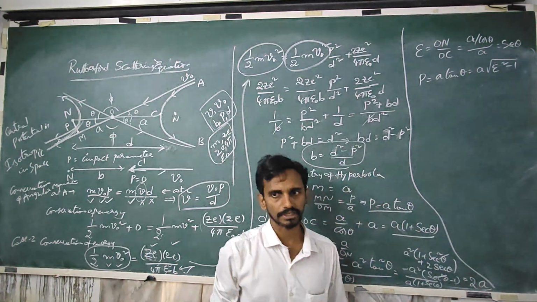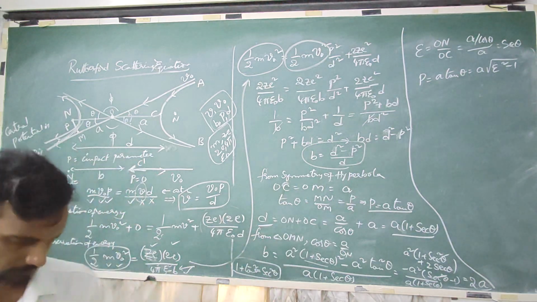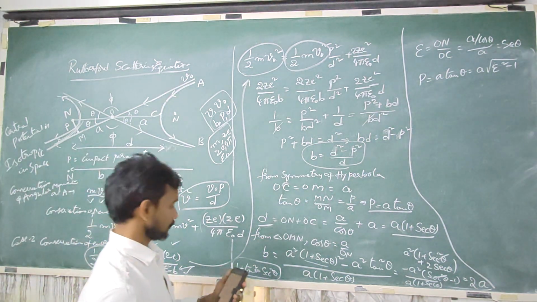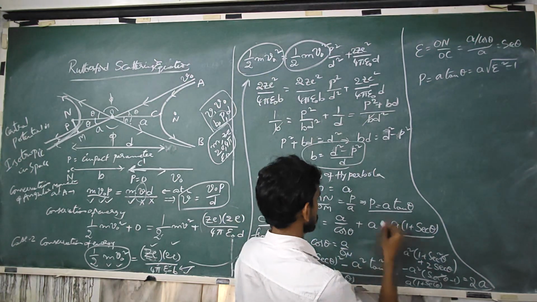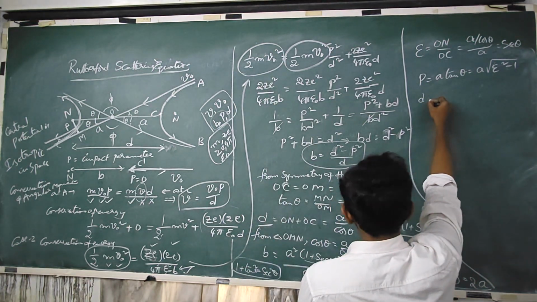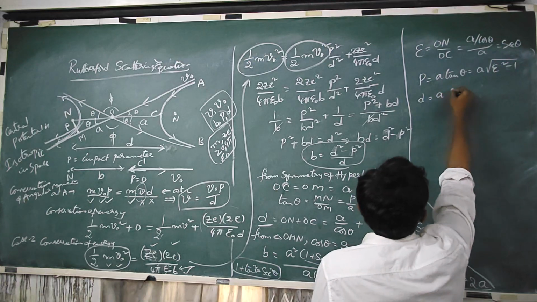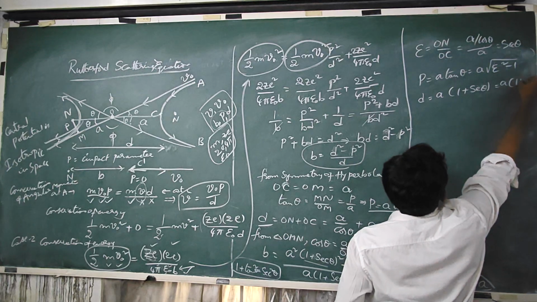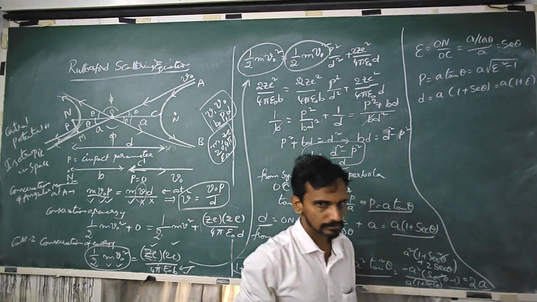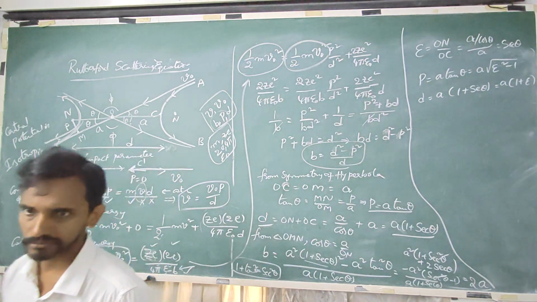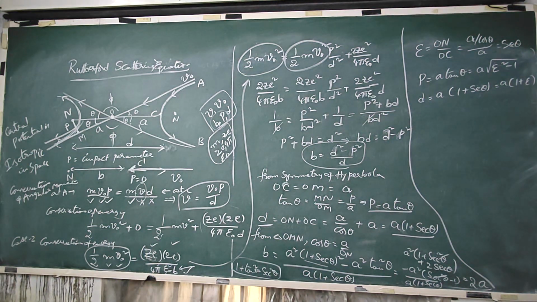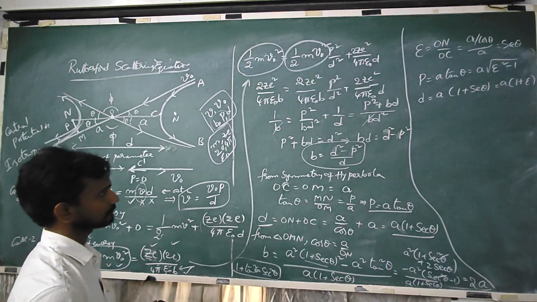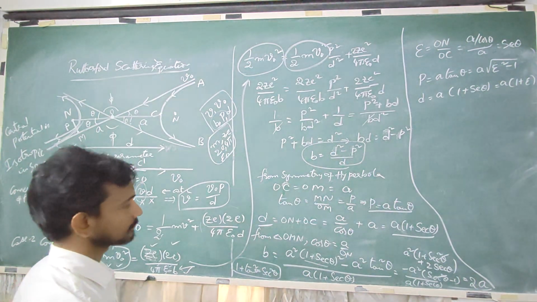So for hyperbola epsilon is greater than 1. Okay, so P is that. Then the other term D is equal to a times 1 plus secant theta, a times 1 plus epsilon. What about B? B is equal to 2a.